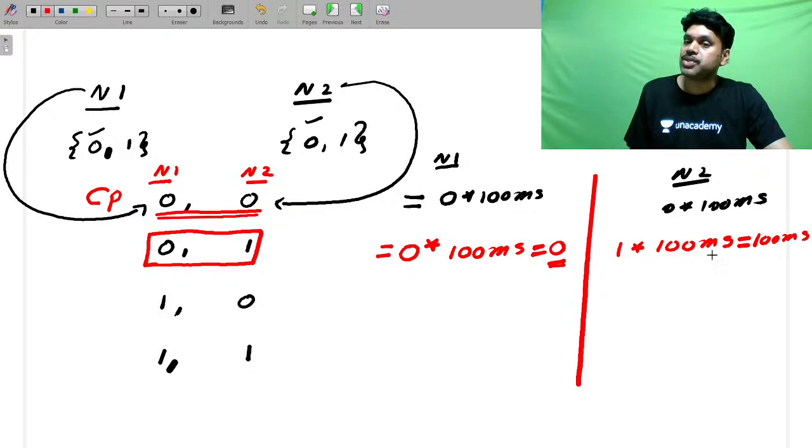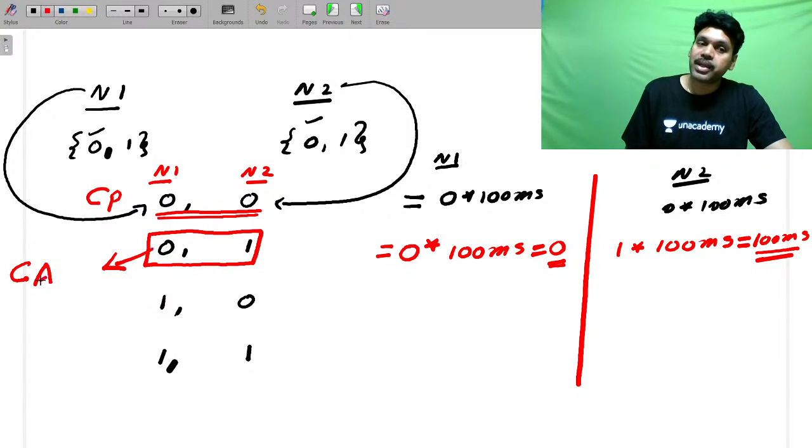My waiting time is 0 and your waiting time is 100 ms. So if A chooses 0 and N2 chooses 1, then who will win the race here? Chance of A only. Probability to win the race by A.